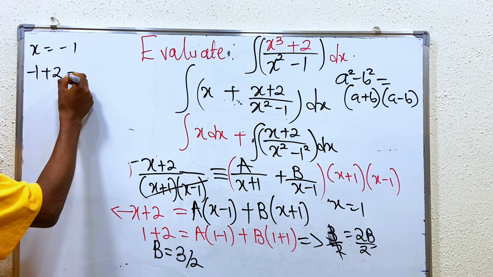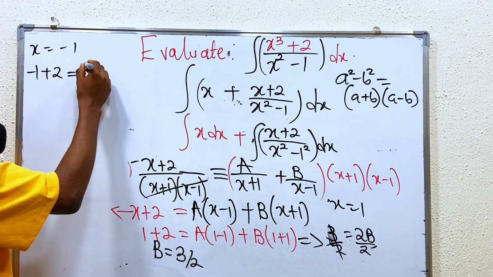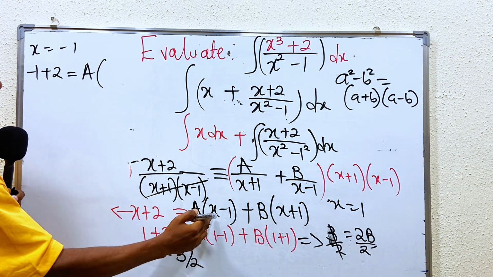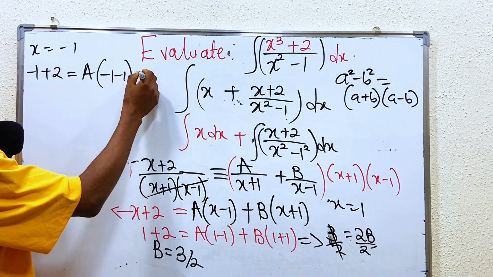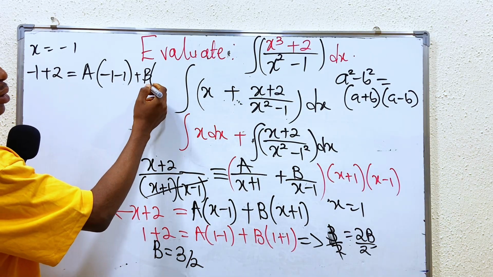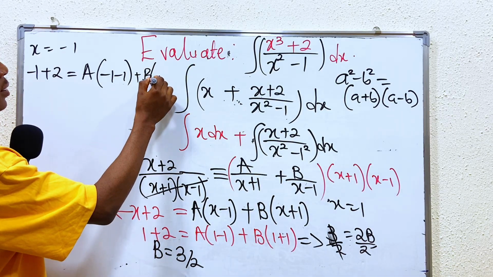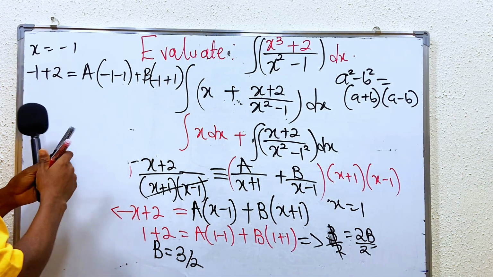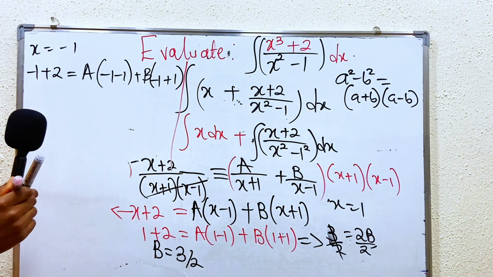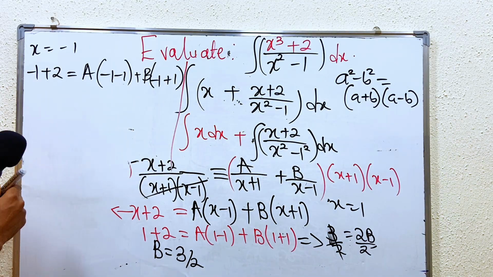Is equal to A into minus 1 minus 1 minus 1, then plus B into minus 1 plus 1. Please know that there's a difference here. So if you have this now, what are we having?